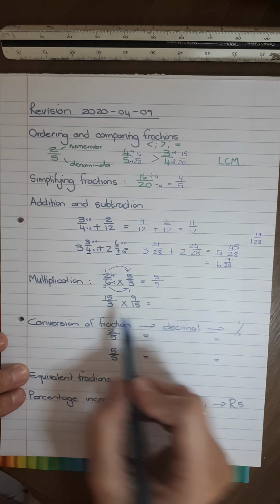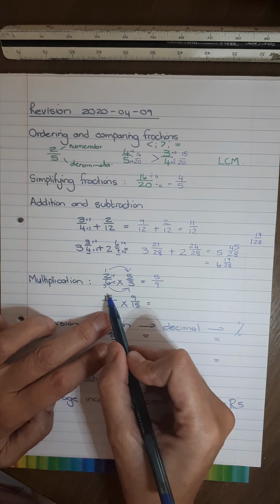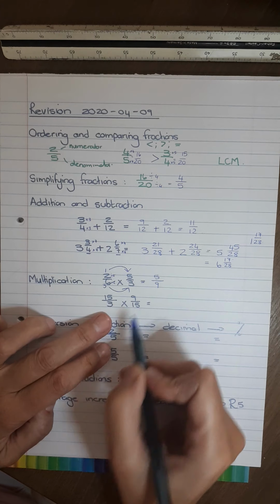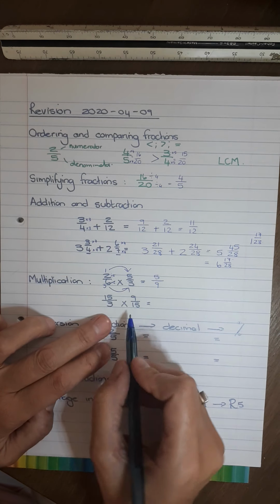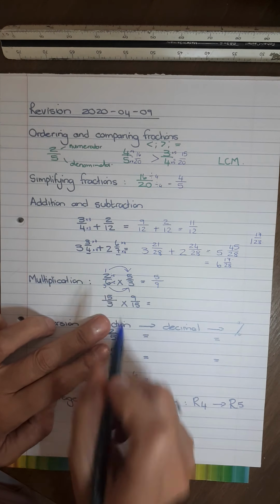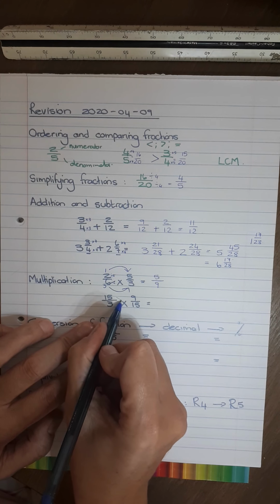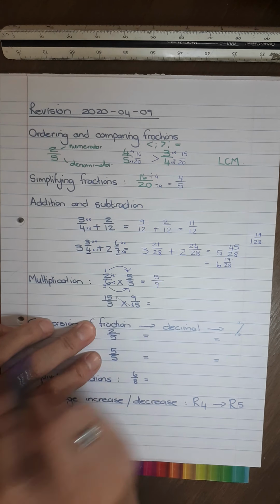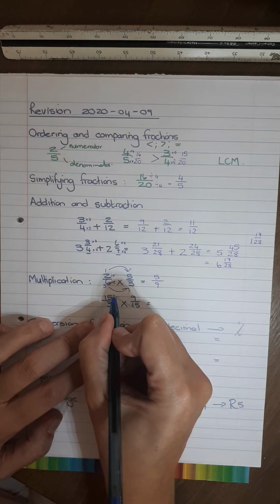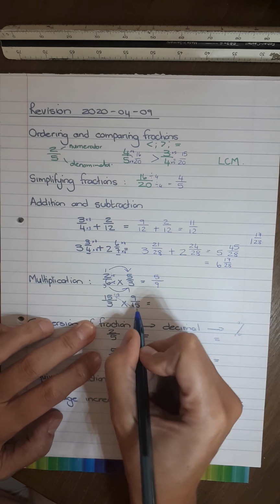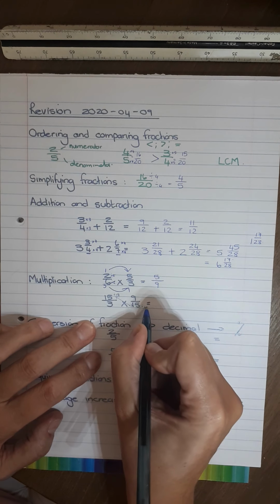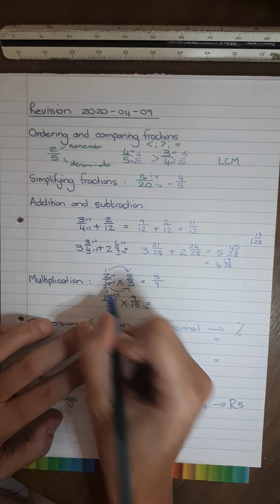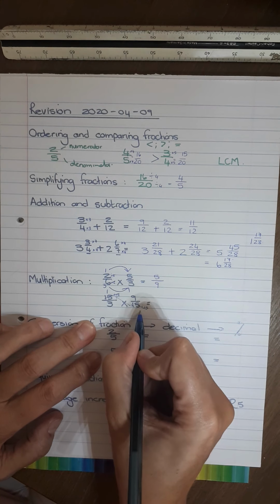Okay, the next one. Here, once again, I can say top times top, bottom times bottom, but I see I can simplify like this from the top to the bottom. So I do it immediately. I say 15 divided by 15 and 15 divided by 15. That's going to give me 1, and 15 divided by 15 gives me 1.